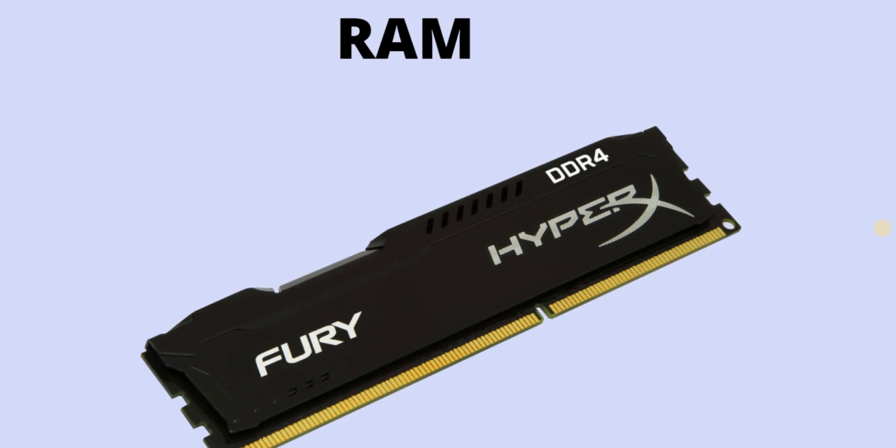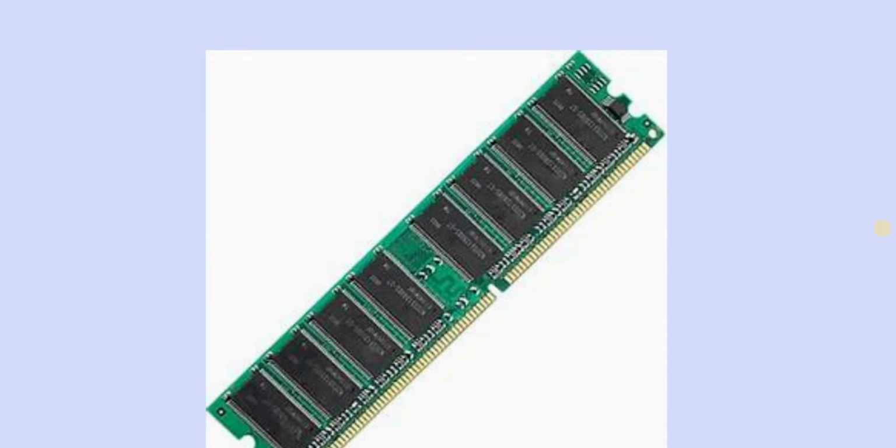RAM cannot hold data permanently. It loses data as soon as the program is over or power is turned off. RAM forms the primary or internal memory of the computer.